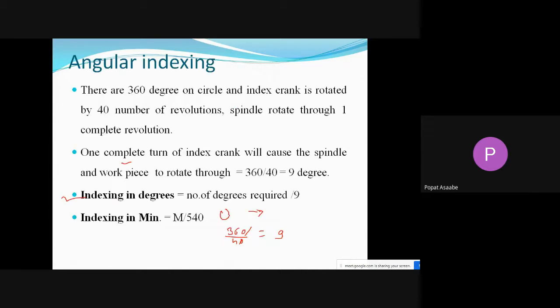Number of degrees required divided by 9. Just we have to use this formula. With the help of this formula, we can easily find out the crank movement for the particular degree. So just we have to remember this formula.